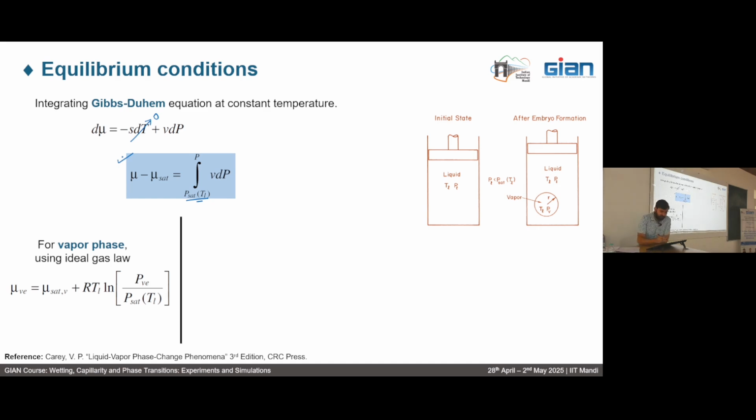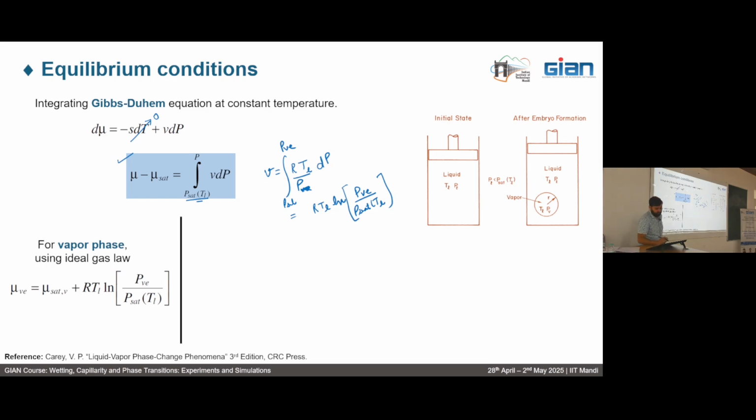So it means that we can write V is equal to RTL by P, or let's call it PV, and then if we integrate this between P saturation and, sorry, here it's PVE, what we'll get is RTL ln of PVE by P saturation at temperature TL. So that's what I've written here.